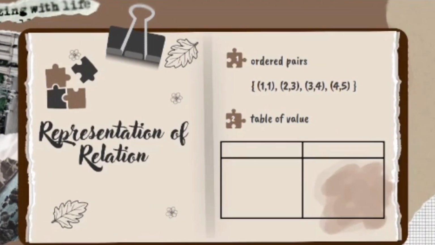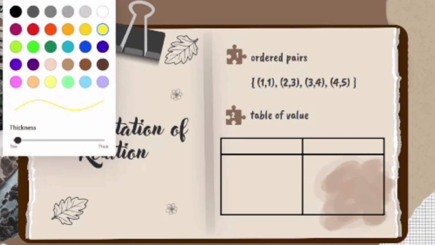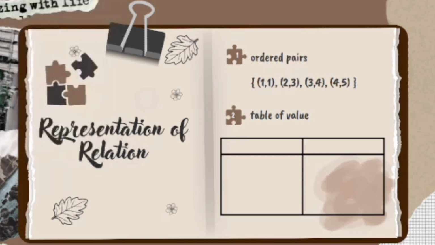Okay, next, representations of relations. In this part of the video, I will give you different ways to represent a relation. For the example, we have 1, 2, 3, 4, 5. The first one is how to represent a relation using ordered pairs.